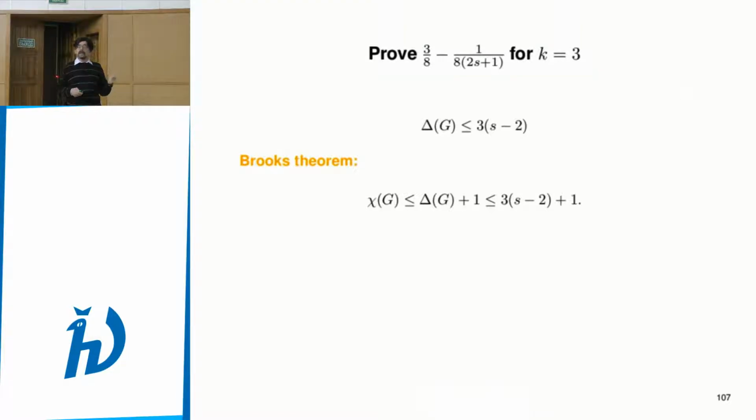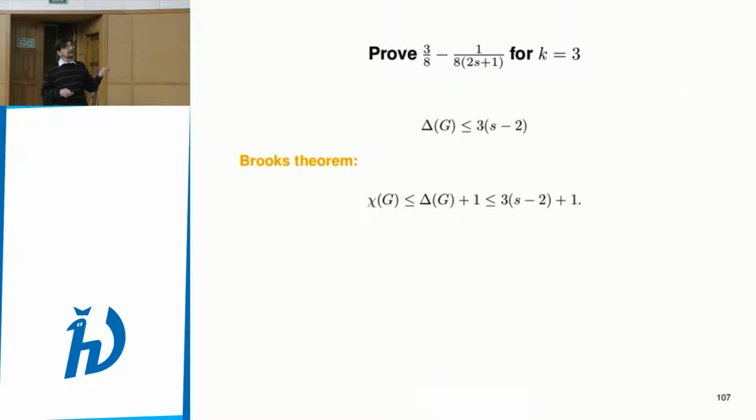Actually, Brooks' theorem is somewhat stronger, that this equality holds only where we have an odd cycle, because then the chromatic number is 3, but the maximum degree is 2.